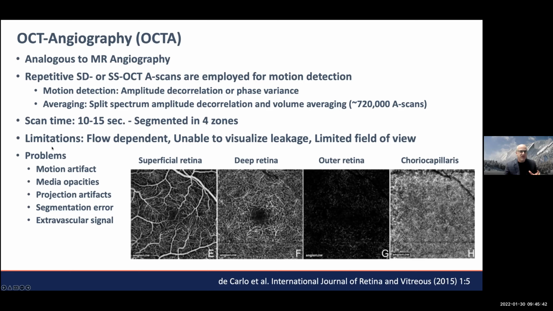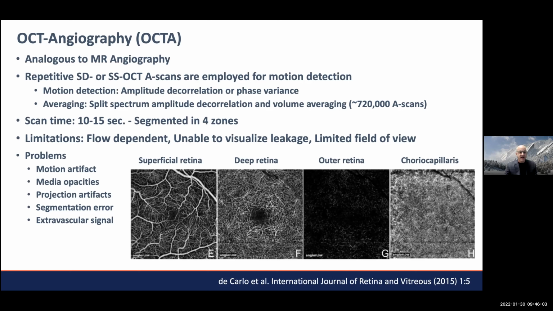The problems with this technology right now are that because of the repetitive nature of this scanning technology, it is extremely sensitive to motion artifact. And because there can be reflection between layers, there can be projection artifacts where vessels from one layer interfere with the interpretation of other layers.